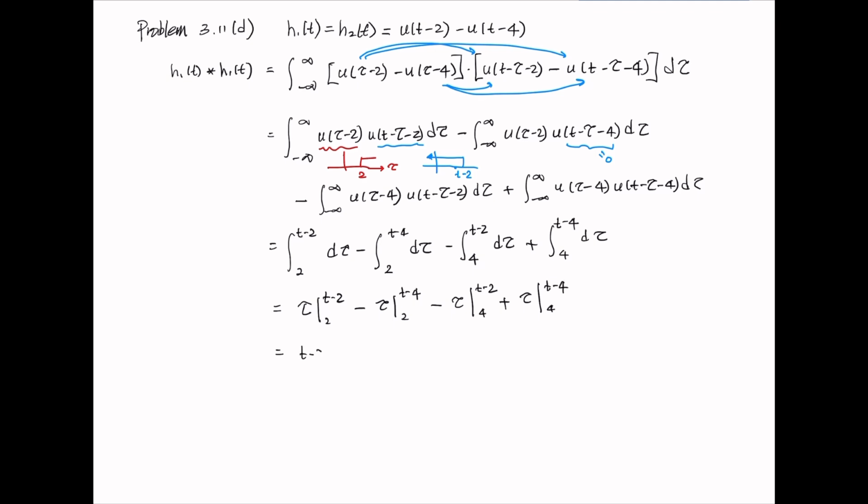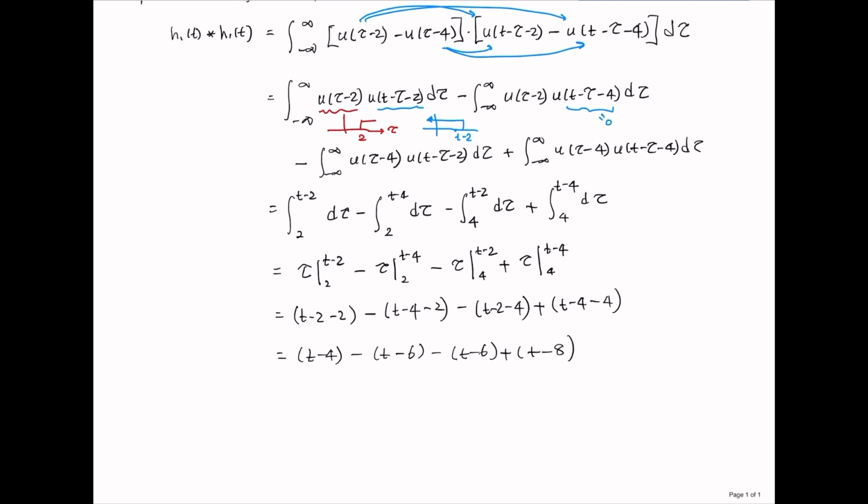We have t minus 2 minus 2 for the first one, minus t minus 4 minus 2, minus t minus 2 minus 4, plus t minus 4 minus 4. And that equals t minus 4 minus t minus 6 minus t minus 6 plus t minus 8.